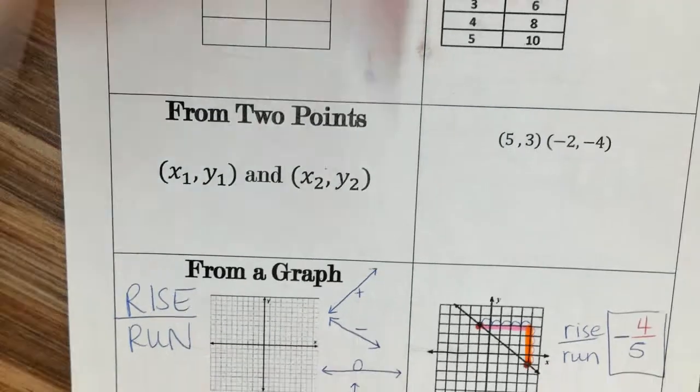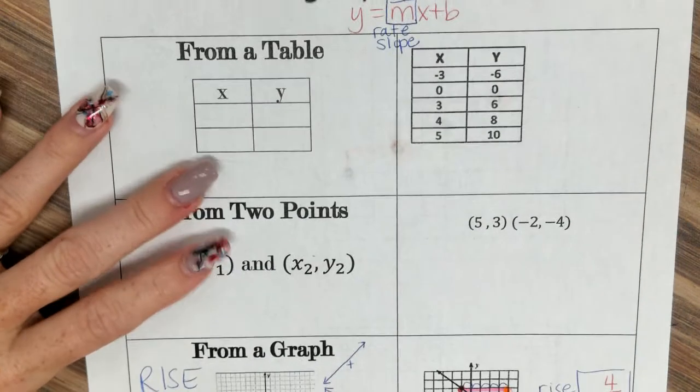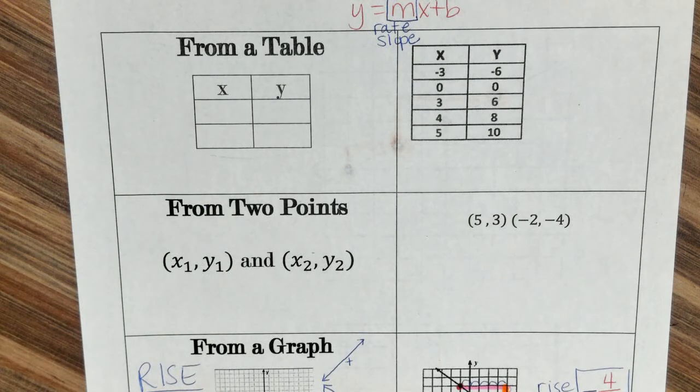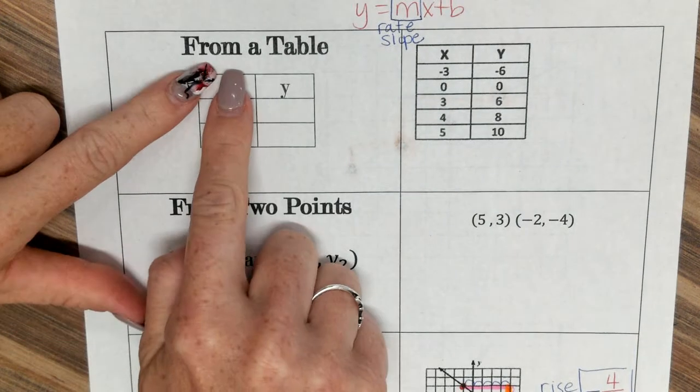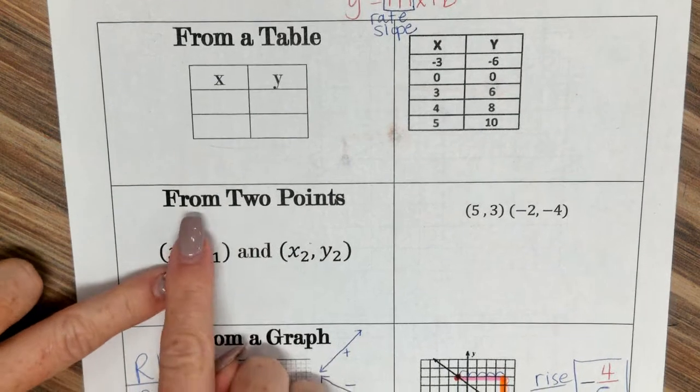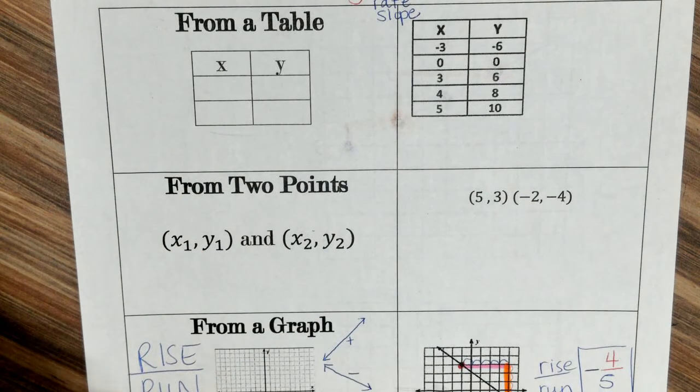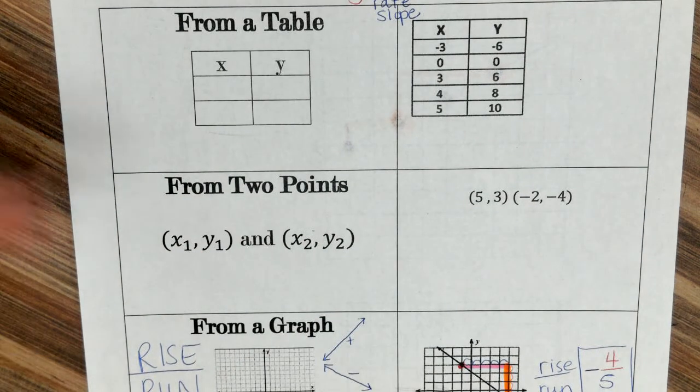Turn the paper back over. What we've learned the past few days is that you don't always have a graph. Sometimes you have a table, and sometimes you just have 2 coordinates, or 2 points. Could you go graph it and then do rise over run? Yeah, but anybody have graph paper, that you've got all this time in the world? No. Okay?